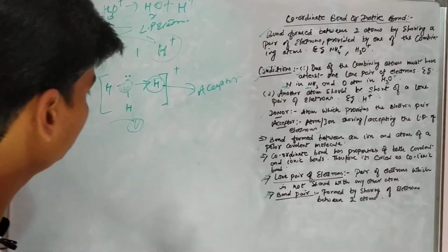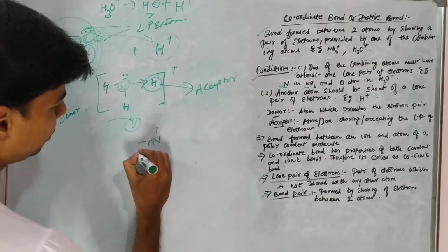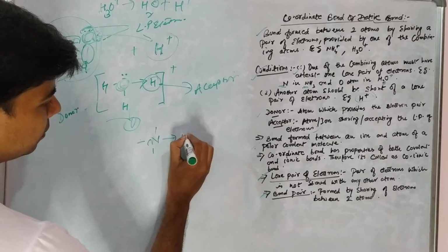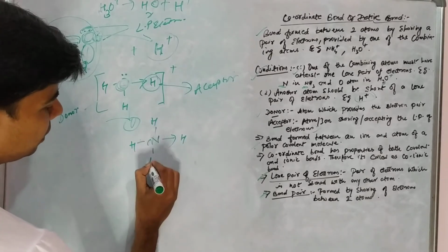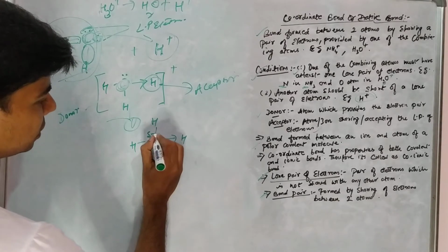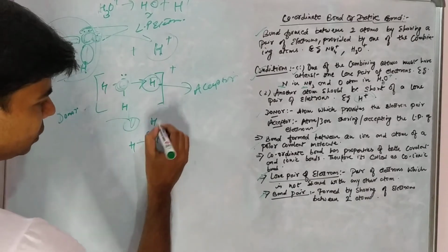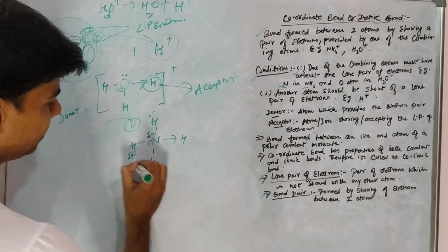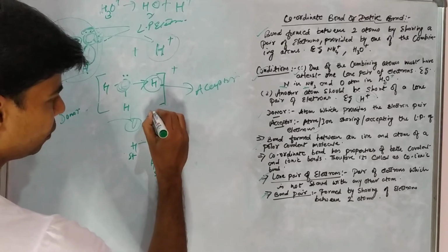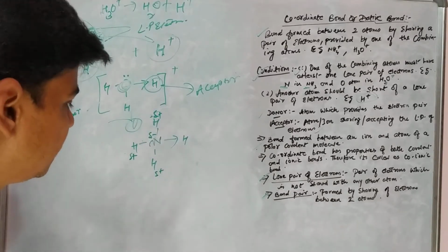And when we studied the example of ammonia, since we know that nitrogen is more electronegative than hydrogen, nitrogen has a negative charge and the hydrogen atoms have a positive charge, right?